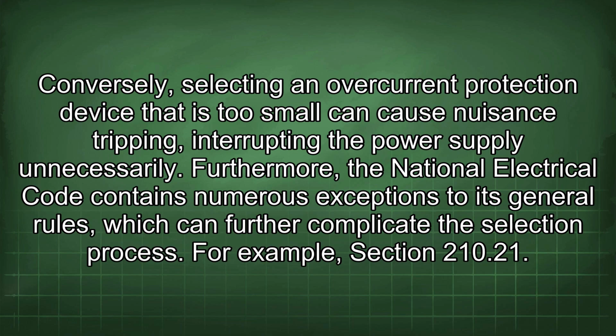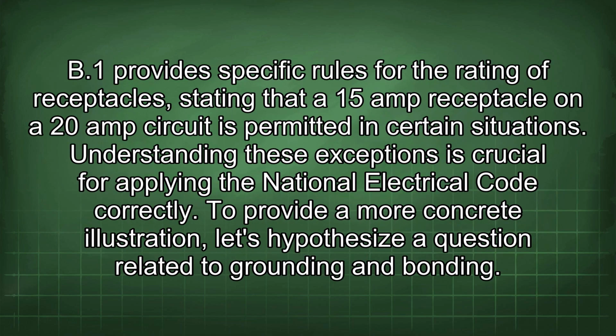For example, Section 210.21(B)(1) provides specific rules for the rating of receptacles, stating that a 15 amp receptacle on a 20 amp circuit is permitted in certain situations. Understanding these exceptions is crucial for applying the National Electrical Code correctly.